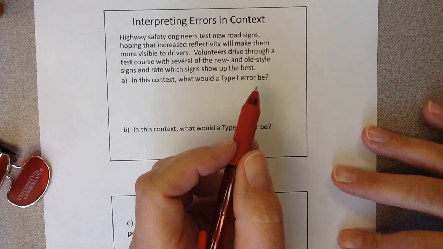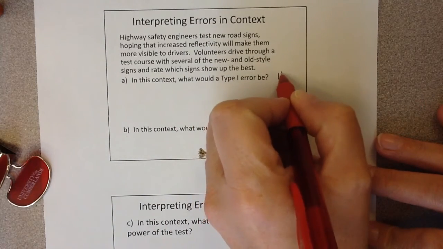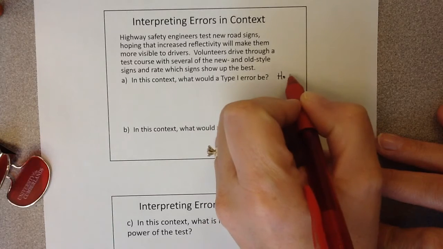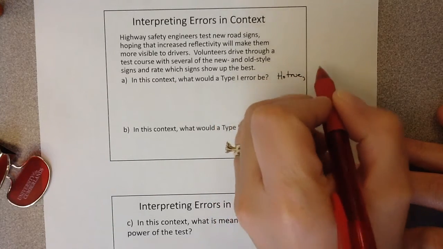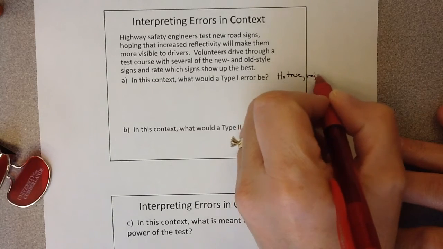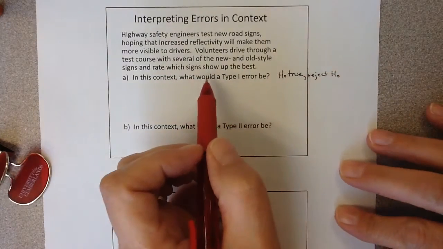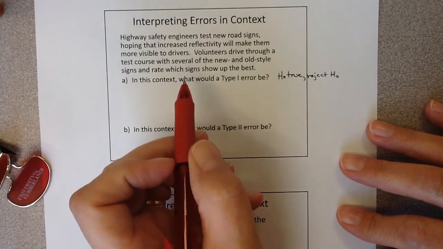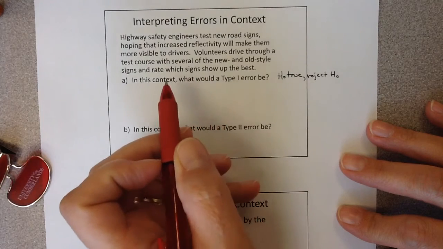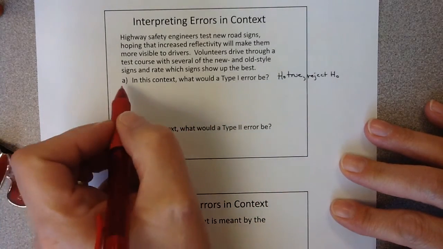What would a type 1 error be? Okay, so in general, kind of get my thoughts together. In general, for a type 1 error, the null is true, but we make a mistake and reject it. Okay, so what does it mean for the null to be true here? Well, the null hypothesis is that nothing interesting is going on, which means the old signs and the new signs show up equally well, so they'd be rated about the same.